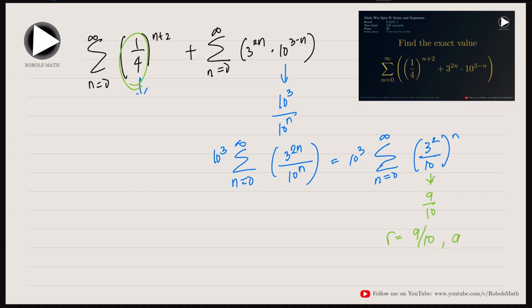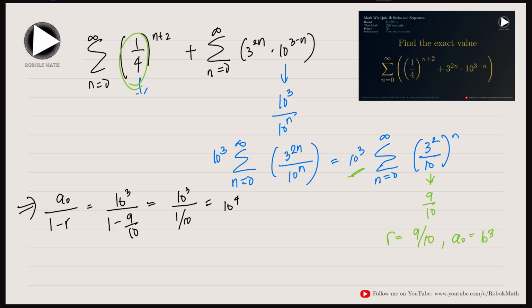The first term is the value at n equals 0, and at n equals 0, 9 over 10 to the 0 is 1 times the coefficient that is 10 cubed, so a sub 0 is 10 cubed. Again, the formula that we will use is a sub 0 over 1 minus r. So that's 10 cubed over 1 minus 9 over 10. That's 10 cubed over 1 over 10, or 10 to the fourth. Therefore, the second part is 10 to the fourth.